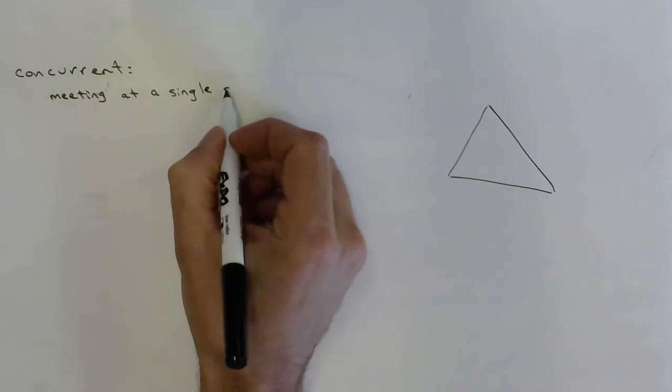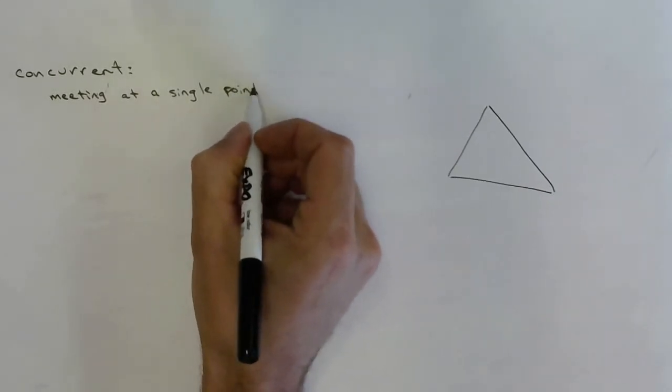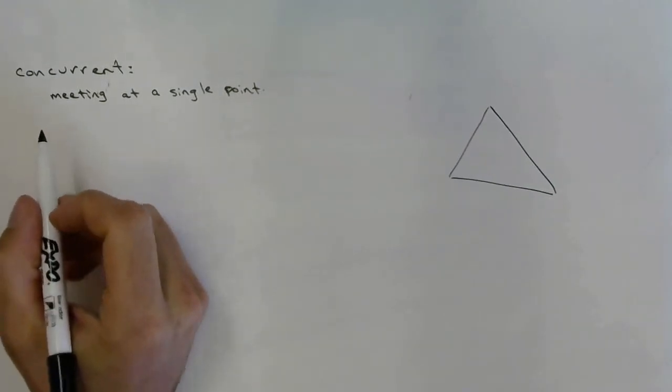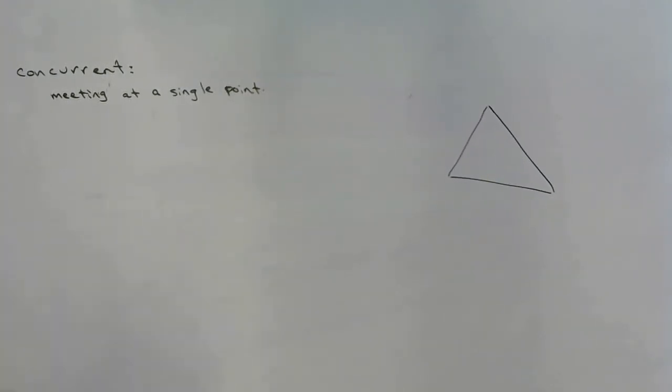Meeting at a single point. Something about lines that meet at points. You familiar with that concept? Yeah? Point of intersection, solving linear systems, unit 1, 2, 3, all coming together. Okay? Concurrent is meeting at a single point.